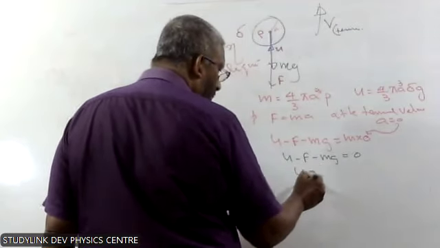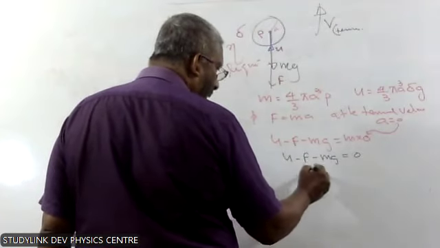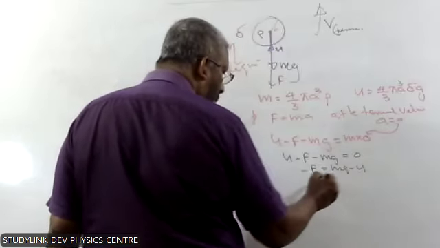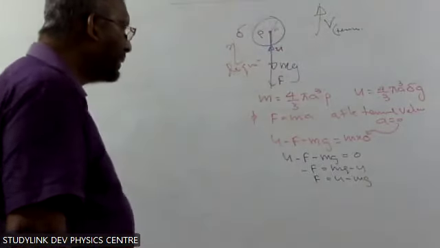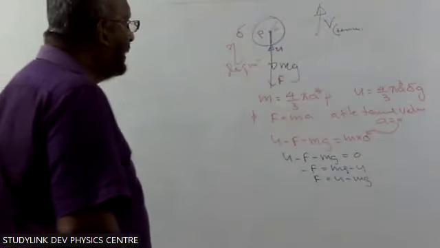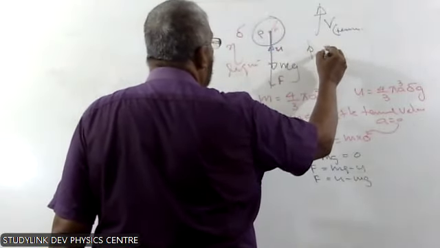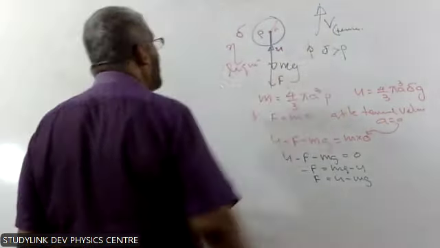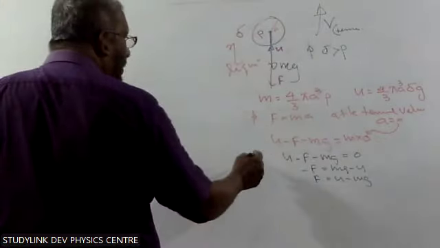If you want to take it to the other side, then we can say directly minus F is equal to mg minus U. F is equal to U minus mg. In this case, remember, when it is moving upwards, sigma must be greater than rho. Then only it goes up. Now, I'm substituting the values.